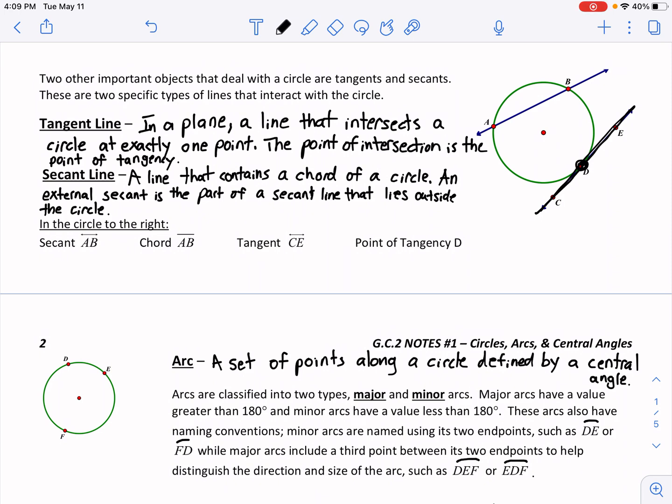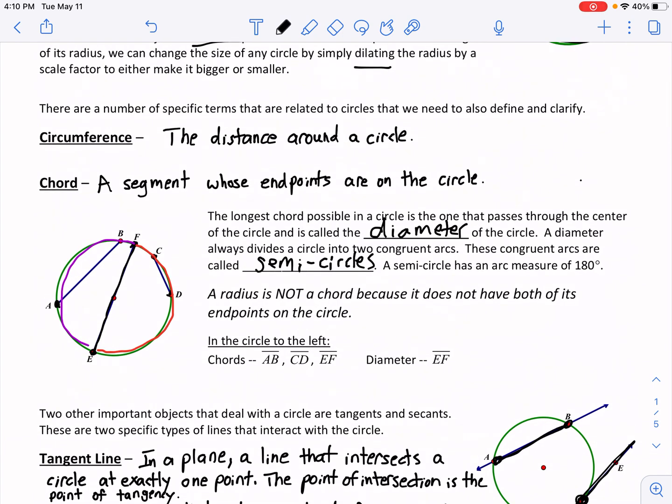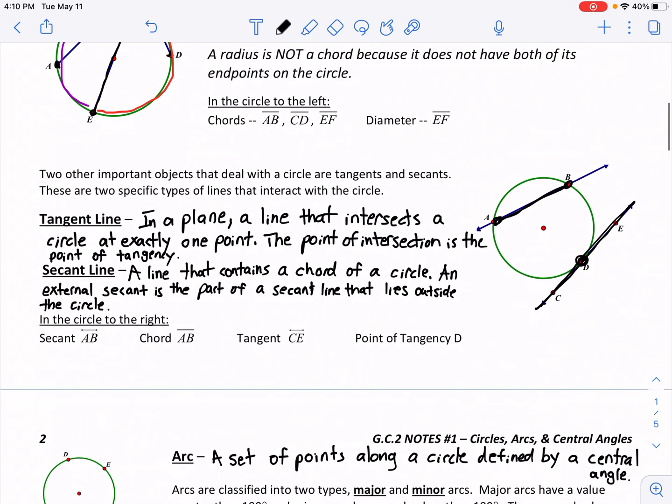A secant line is a line that contains a chord of a circle, and an external secant is the part of the secant line that lies outside the circle, okay? So if we notice AB here, just this segment AB, that's our chord based on what we talked about before with a chord, a segment whose endpoints are on the circle. So AB is a chord. A secant line is a line that contains that chord as it goes through it, okay?